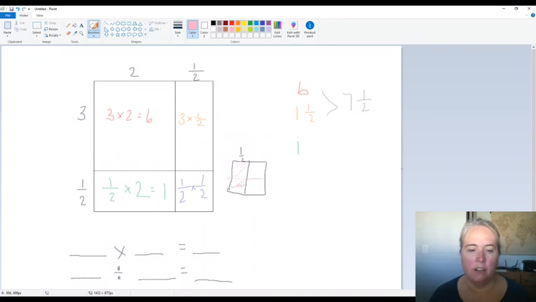Oops, got a little crazy there. And then erase that for you. There we go. And then on the other dimension, I would also have 1/2. So I'm going to cut that in half again. I only have half of that.